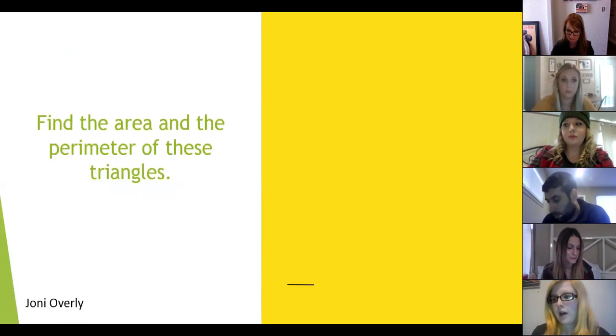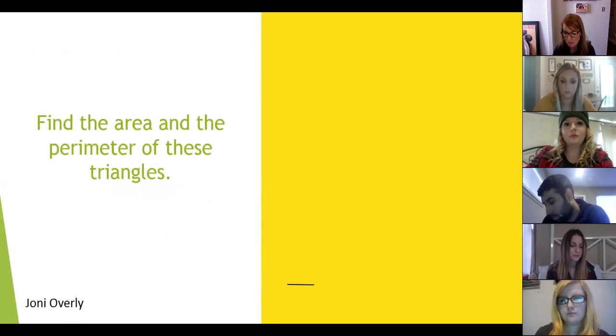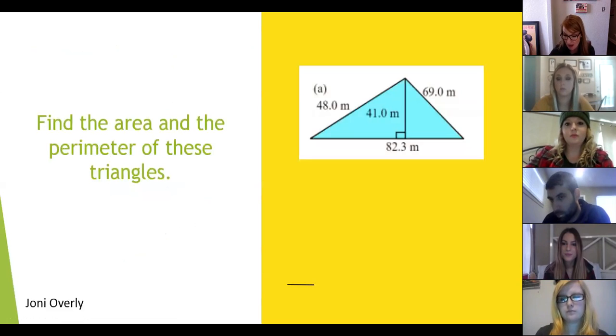Joni, how do you find the area of a triangle? Okay, so pretty simple. We've gone over this before. The area of a triangle is simply a formula that we very well know: area equals 1/2 times base times height.